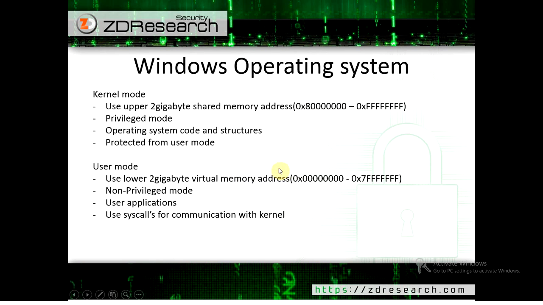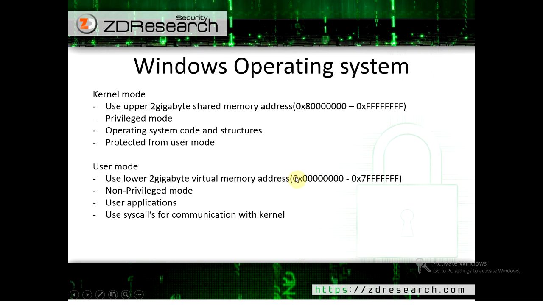Later I will talk about what virtual memory is. User mode is a kind of non-privileged mode. It means that applications running in user mode cannot have access to the operating system structures, to the drivers or such. And this mode of execution is dedicated to user applications.